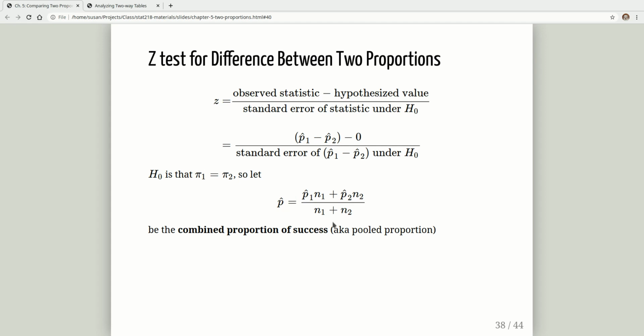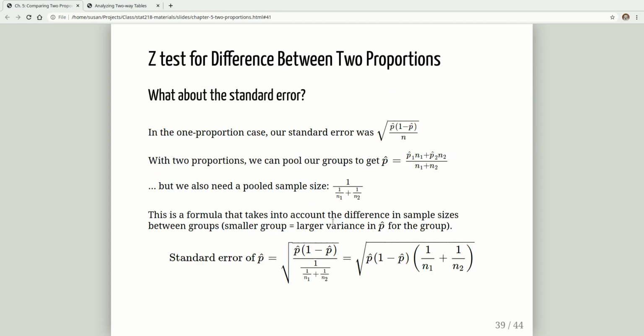Once we've got that, we have a proportion. We know how to get the standard error of a proportion, right? So we have p hat times 1 minus p hat over n in the normal case. The only thing we don't have a direct analog for right now is that n. So the next thing we do is get a pooled sample size.